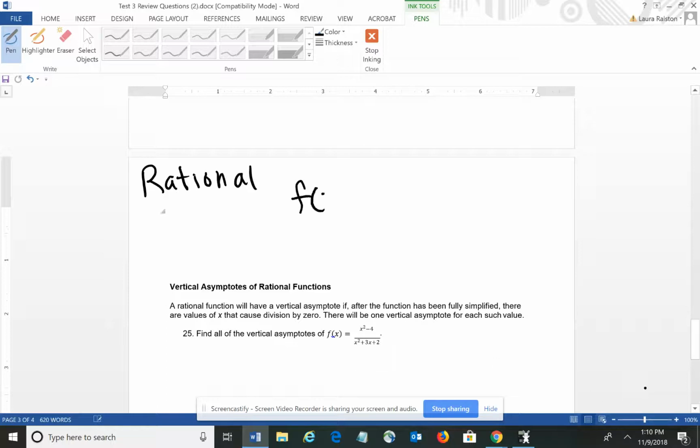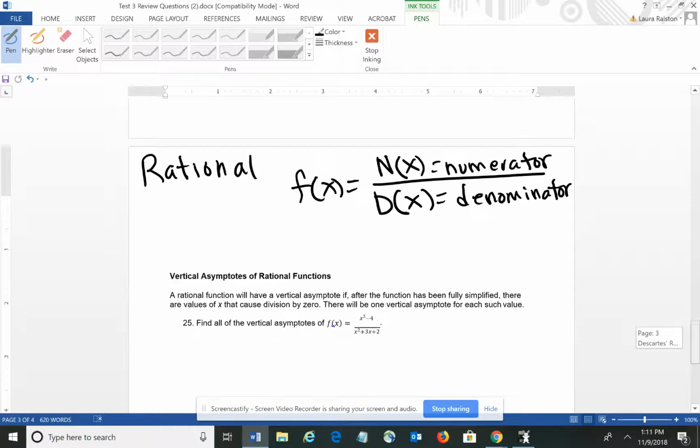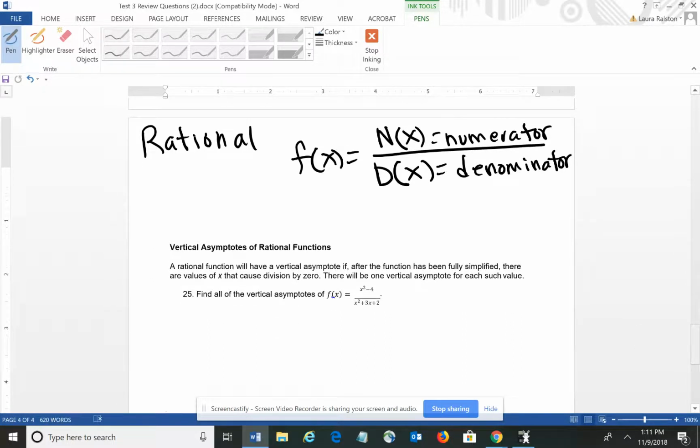So you have basically some polynomial in the numerator, which is the top, and you have another polynomial in the denominator, which is the bottom, so that it looks like a fraction. So when you have a function that looks somewhat like a fraction with a polynomial in the numerator and denominator, you have a rational function.